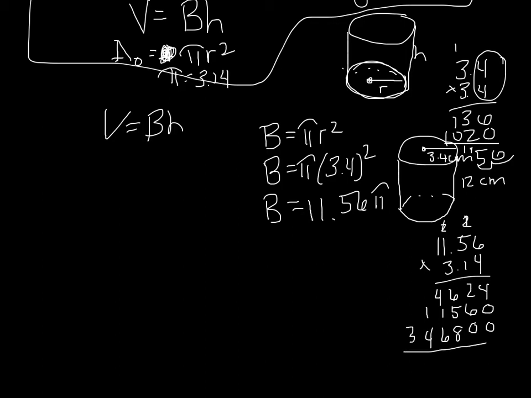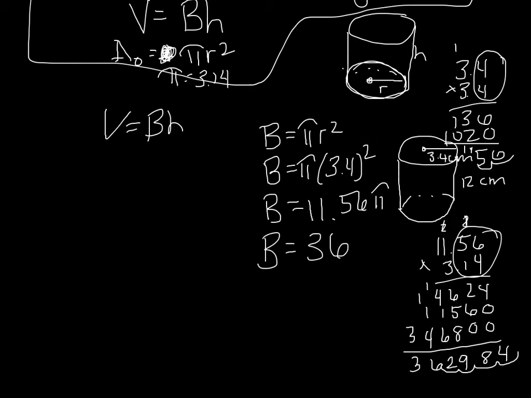Bringing down my 3. I have my 4, 6, 7, 8. 11 plus 8 is 19. 10, 12 looks like. 6 and 3. I have to bring it back 4 places: 1, 2, 3, 4. So our answer is, area of our base is about 36.2984, and this would be centimeters squared.